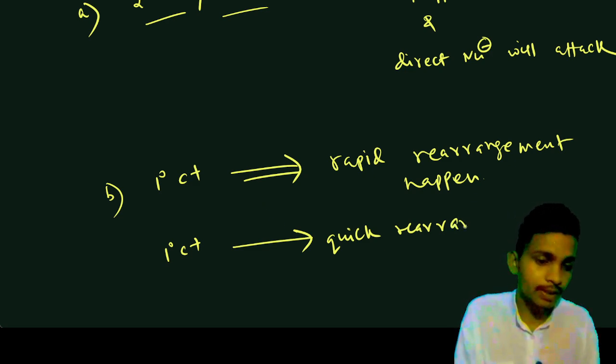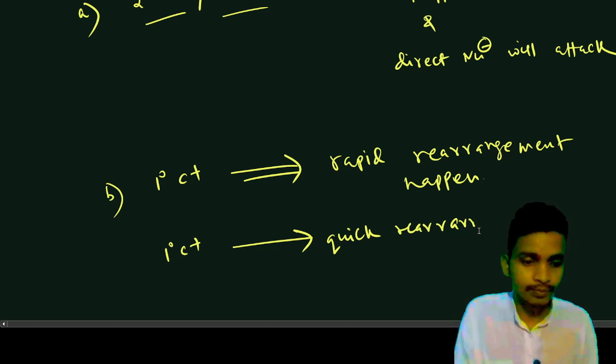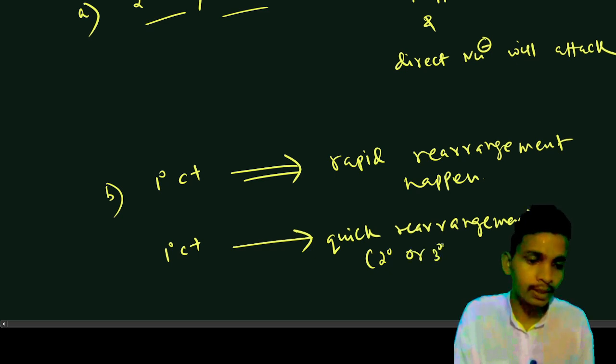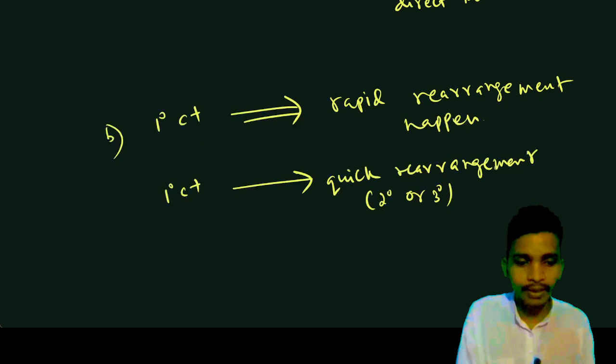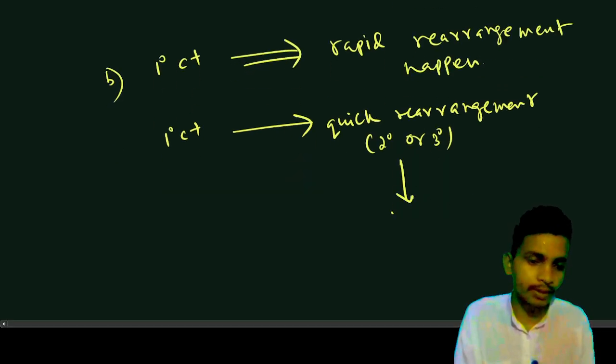It means anyhow it is going to get a 2-degree or a 3-degree carbocation. Okay, quick rearrangement means from 1-degree to either 2-degree or 3-degree. Whatever it may be, a 2-degree or 3-degree carbocation will form and then the nucleophile will attack.